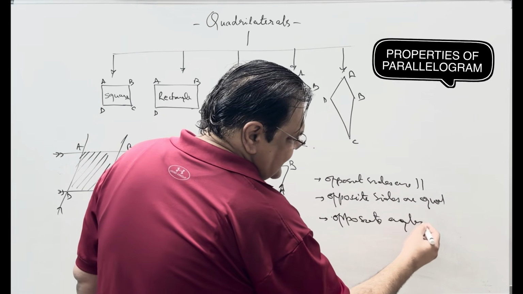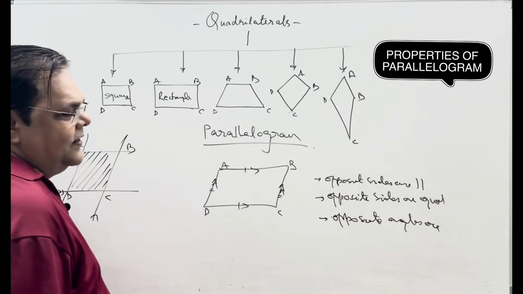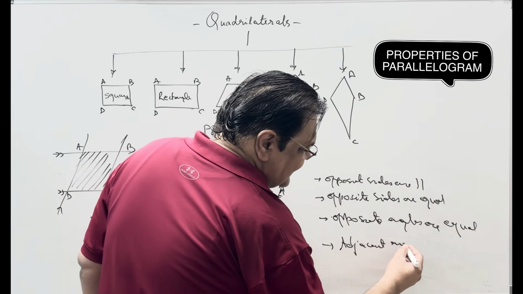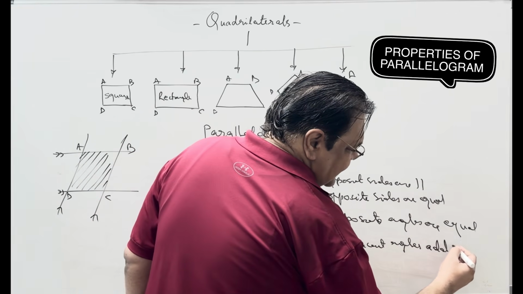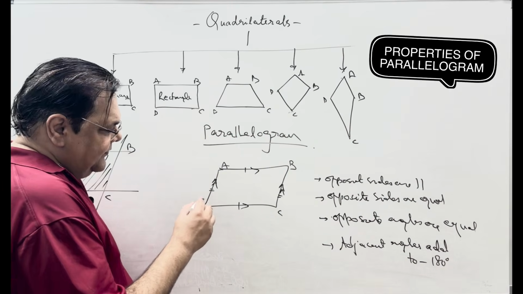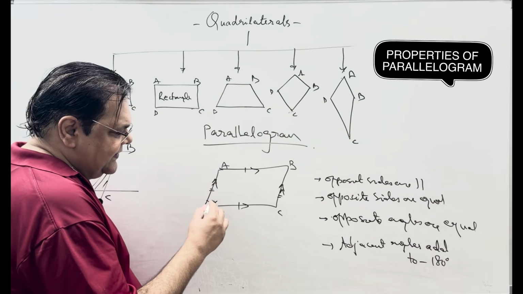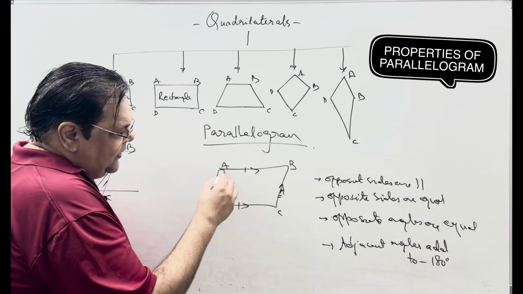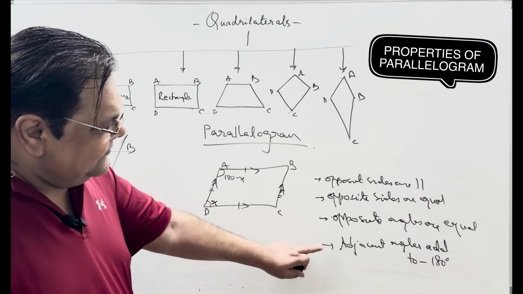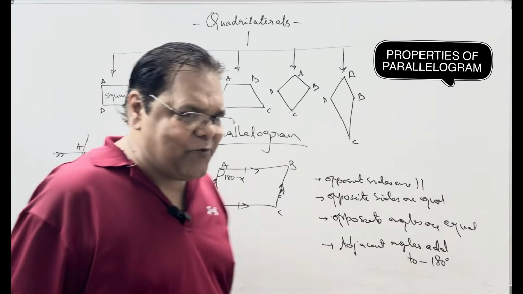Opposite angles are equal. Adjacent angles add to 180 degrees. If this is X, this will always be 180 minus X. Opposite angles are equal.